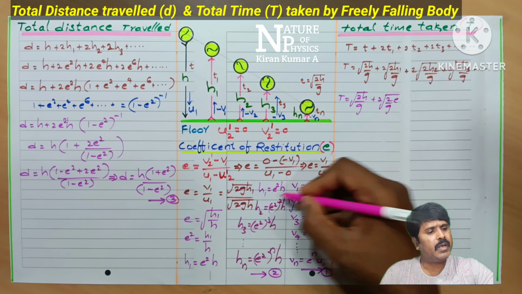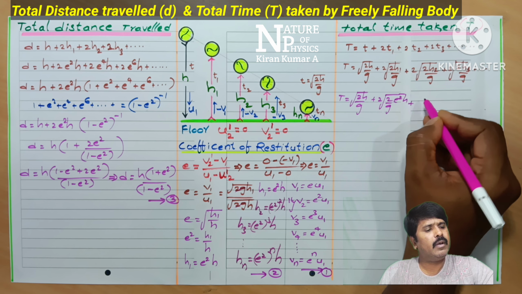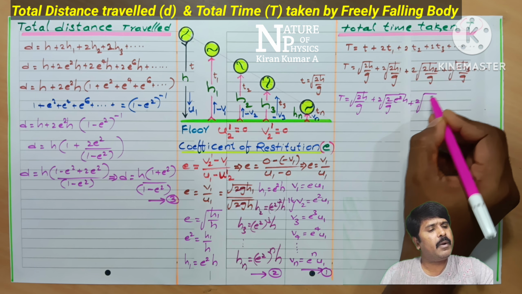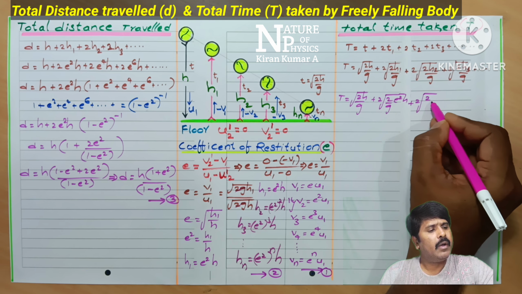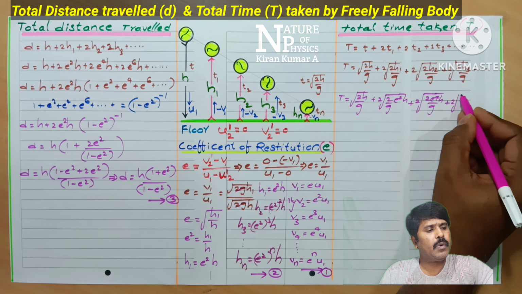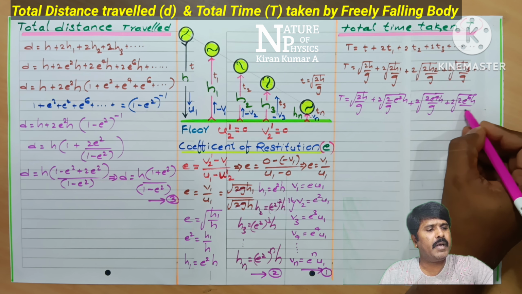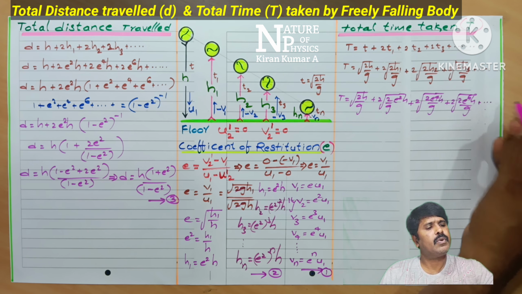First one is h1, e² h, student. Okay, and next one 2 into root over (2 e to the power of 4 h by g), student. Next 2 into root over (2 e to the power of 6 h divided by g) up to so on.